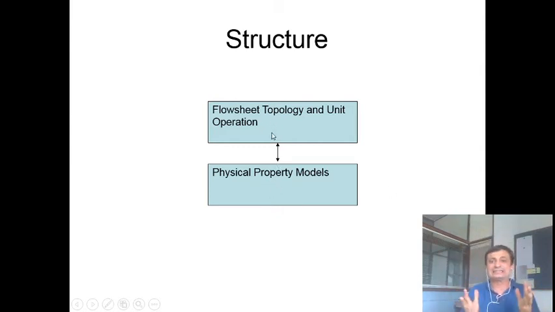So the structure is reduced. The basic information provided by flowsheet topology and unit operation remains the same, but in modular mode it is represented by modules, whereas here it is represented all by equations. All the equations will be written and need to be solved simultaneously. Solving is again being done by the simulator, but as a user, our job is to provide those equations.